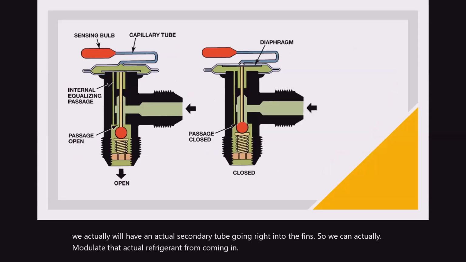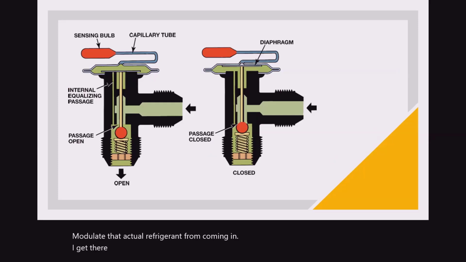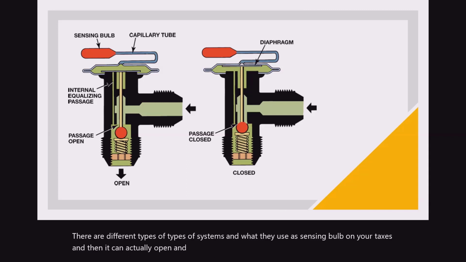There are different types of systems. What they use is a sensing bulb on your TXVs, and then it can open and close the valve a little bit finer versus just a fixed orifice type of system.